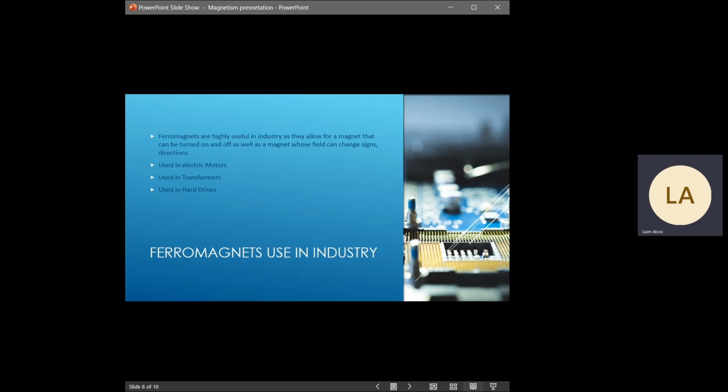Ferromagnetic material also plays a large role in our current digital age, as hard drives use ferromagnetic materials to assist in the process of encoding bits of data. Without these materials, many of our electronics would not be possible.